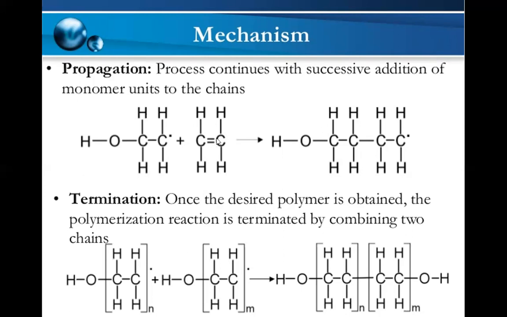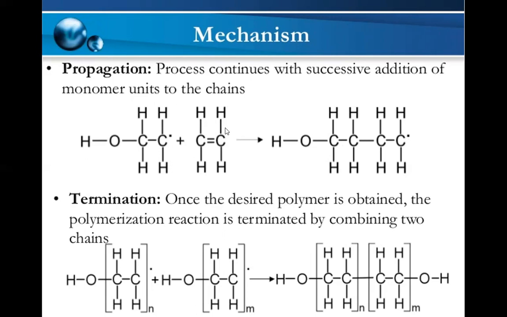Here also the same mechanism is followed: homolytic fission, distributing one electron to each carbon atom, and a new bond is formed between the two carbons, leaving behind a free electron. Like this, the process continues by the addition of successive monomeric units.